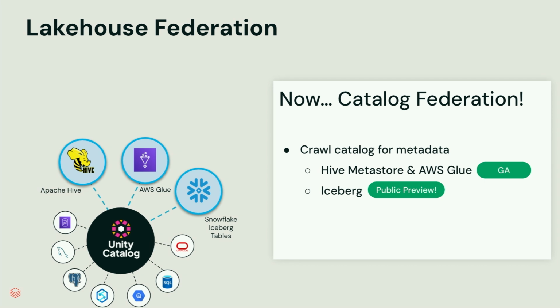As long as you have a catalog, Unity Catalog can go to another catalog to understand the permissions and enforce that governance. So we have catalog federation now, and using catalog federation, you can query Snowflake, you can query any data in AWS Glue, in Hive Metastore, and multiple other integrations are coming very soon, including Iceberg REST Catalog.